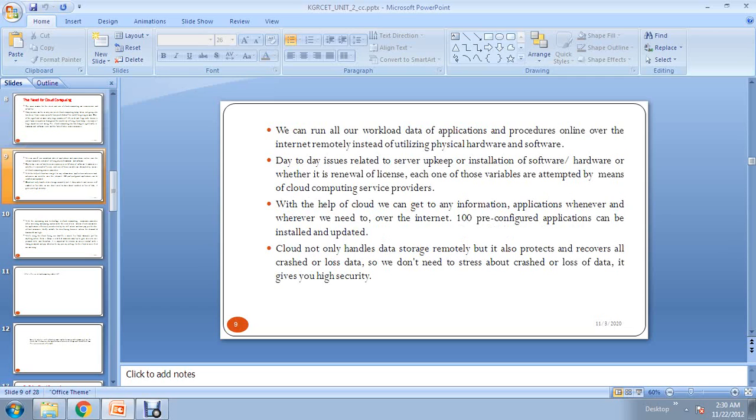And another issue is there. We can run all our workload data, applications and procedures online over the internet remotely, instead of utilizing physical hardware and software components. For example, nowadays in the COVID-19 period, all the people are using online classes.